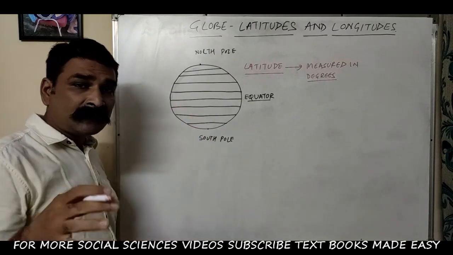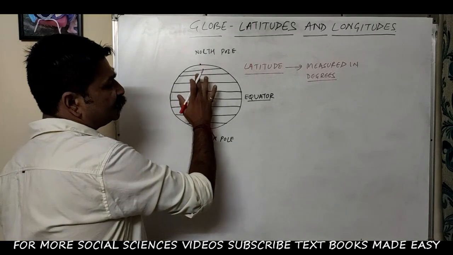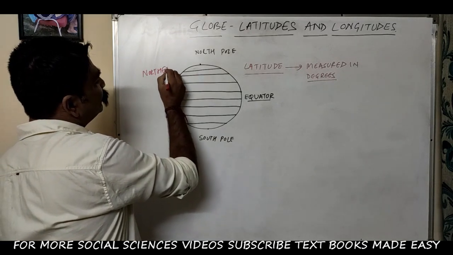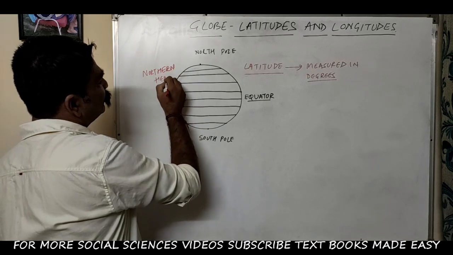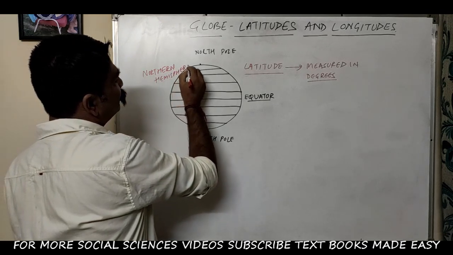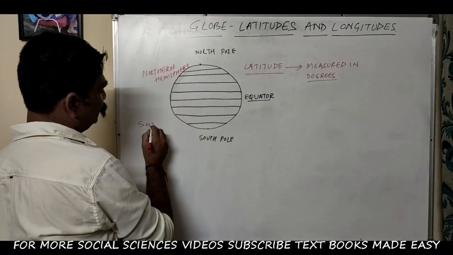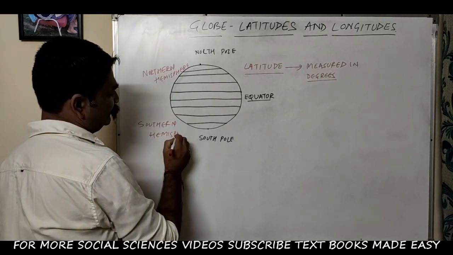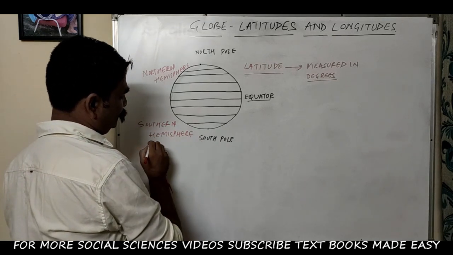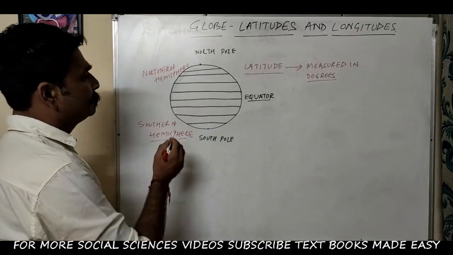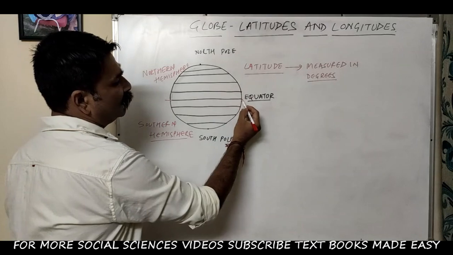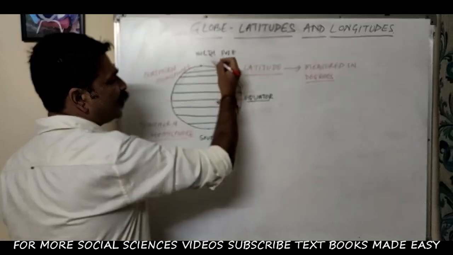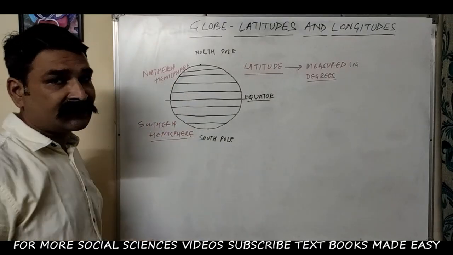And we all know that in the northern hemisphere and in the southern hemisphere, okay, the portion below this equator is the southern hemisphere and the portion above this equator is known as the northern hemisphere.